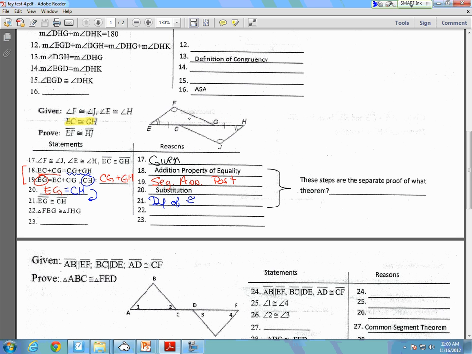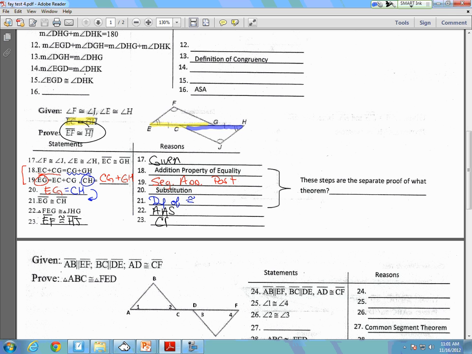And now what we know, I'm going to highlight the segments. We know that segment is congruent to that segment. So now you've got angle, angle, side, angle, angle, side. So these two triangles are congruent by angle, angle, side. And now we can go one step further and say EF is congruent to segment HJ.